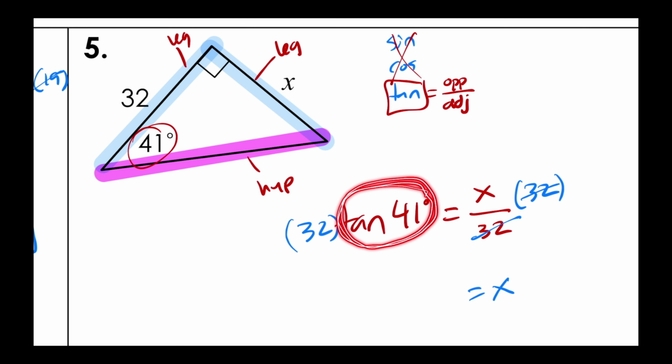Different calculators do it different ways. Sometimes you have to put 41 and then hit the tangent button. Sometimes you have to hit the tangent button and then put 41 and hit enter. But once you find the tangent of 41, multiply it by 32, and you should get 27.8.